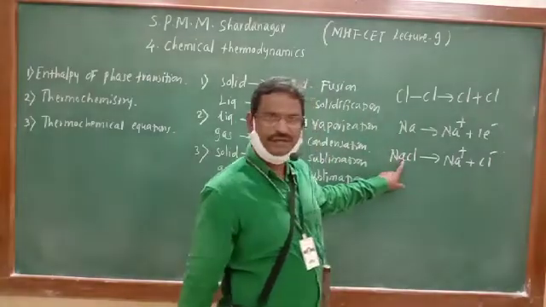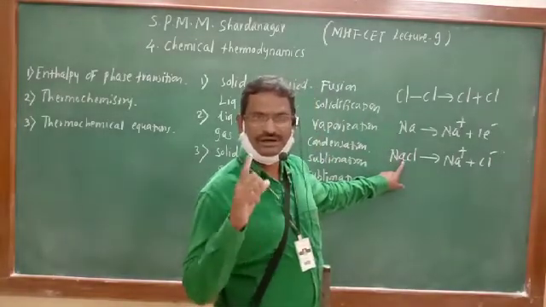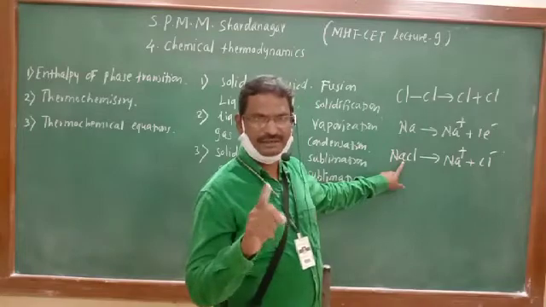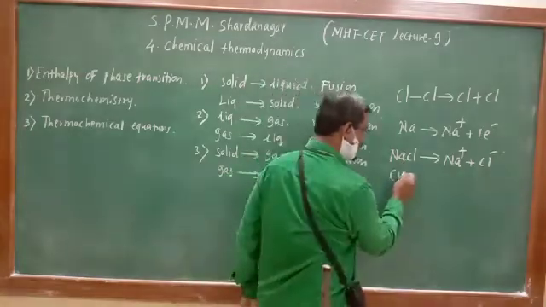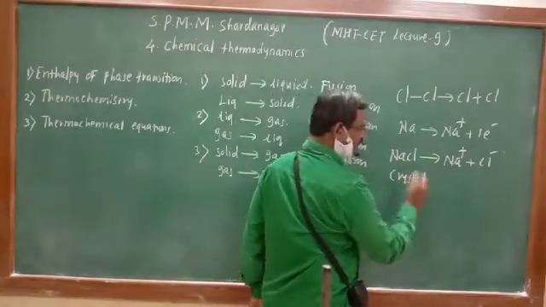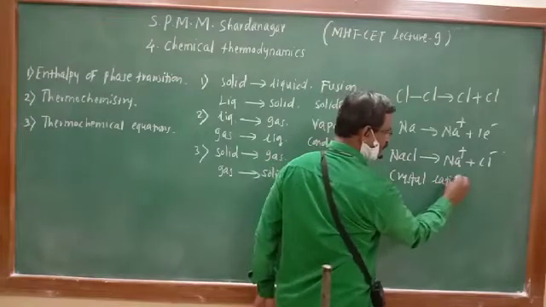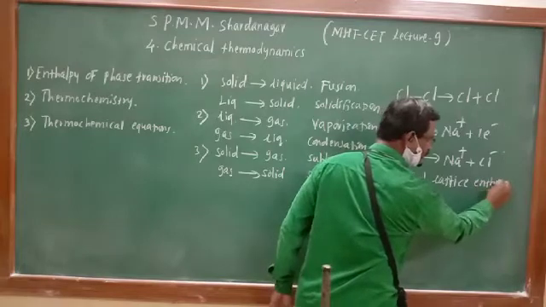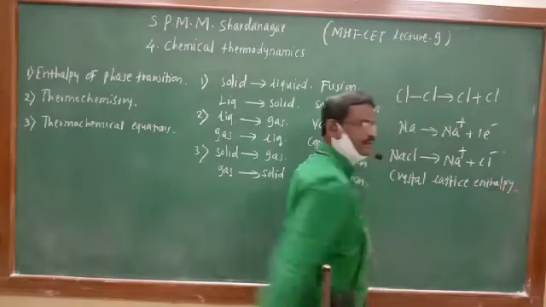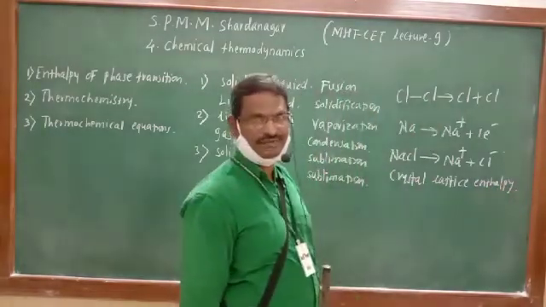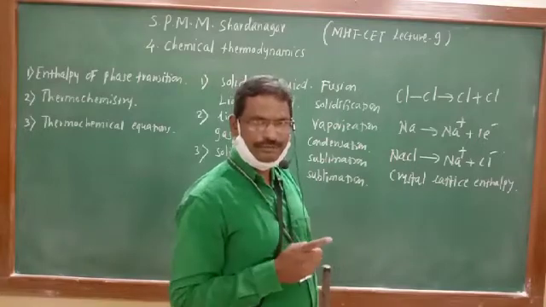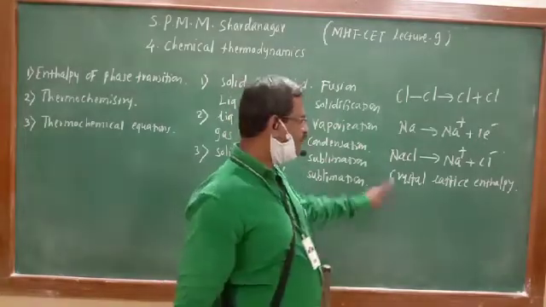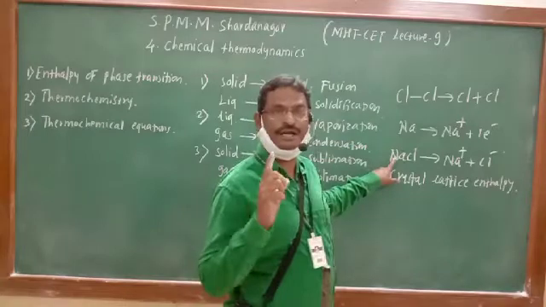This breaking is known as crystal lattice enthalpy. The breaking of NaCl takes place to form Na plus and Cl minus ions. The energy change is known as crystal lattice enthalpy. And we know breaking of bond is always endothermic.